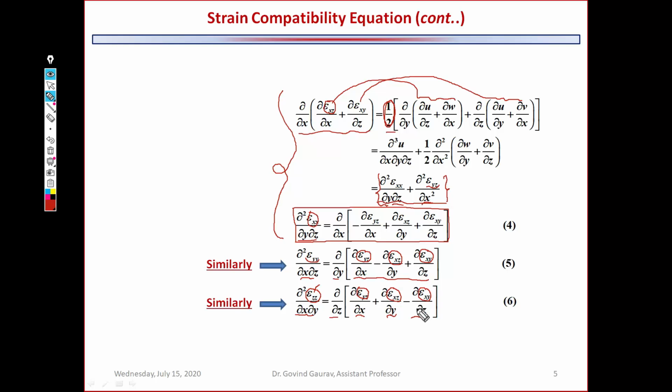So we have derived all the 6 strain compatibility equations. Apart from the other sets of equations, these equations also need to be satisfied if we are interested in finding a unique solution.